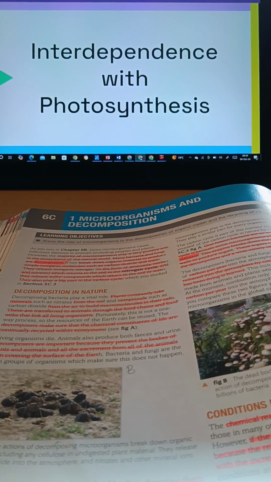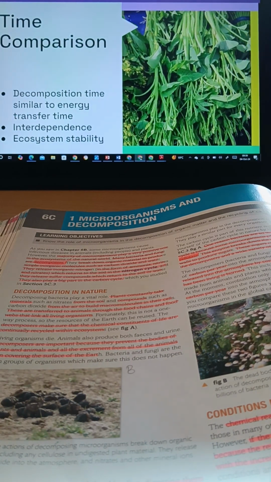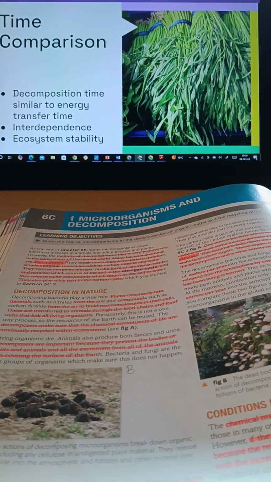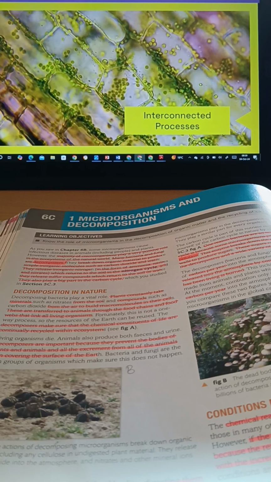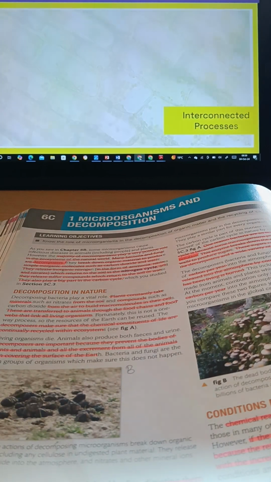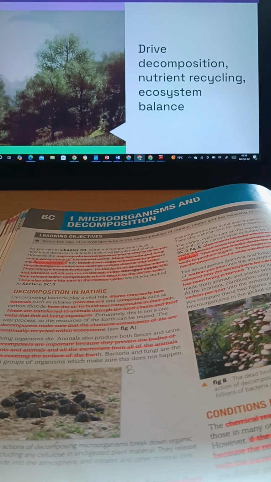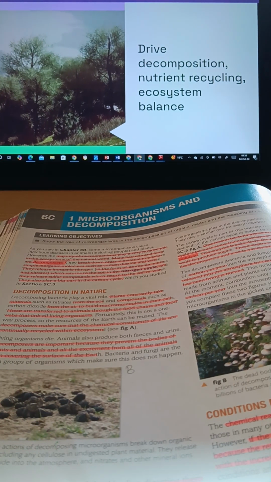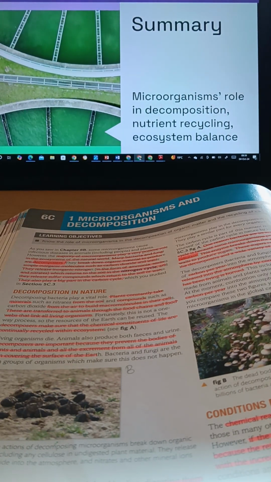Compare the time it takes for decomposition to the time it takes for energy transfer through photosynthesis. Highlight the interconnectedness and importance of these processes for ecosystem stability. Microorganisms are essential for life as we know it, driving decomposition, nutrient recycling, and maintaining ecosystem balance. Summarize the main points covered in the video.